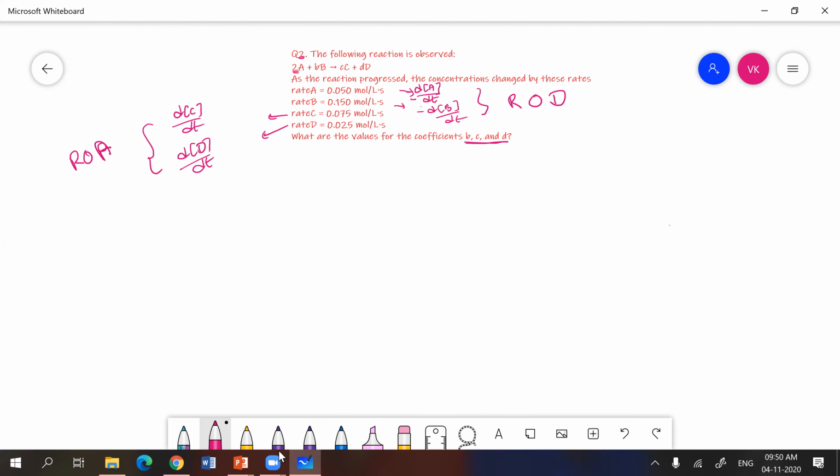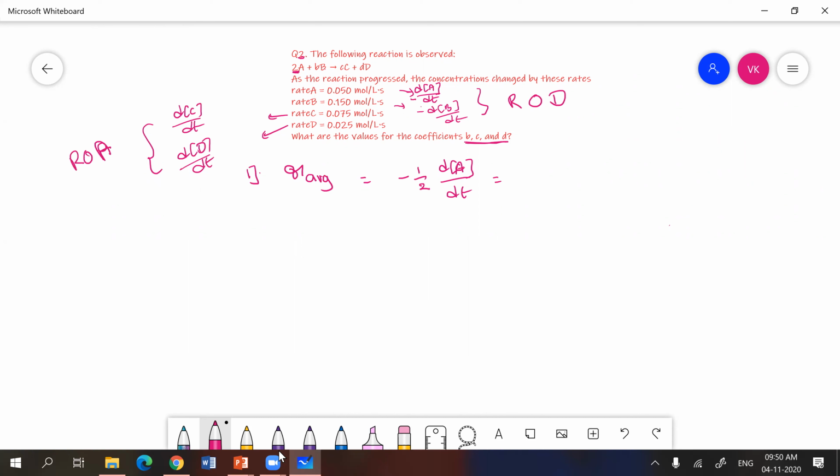Okay, let's see. So first step, write the average rate of reaction. How to write? Minus 1 over 2 change in concentration of A with time. Only for one reactant they gave you the number of moles; for the remaining you have to find.